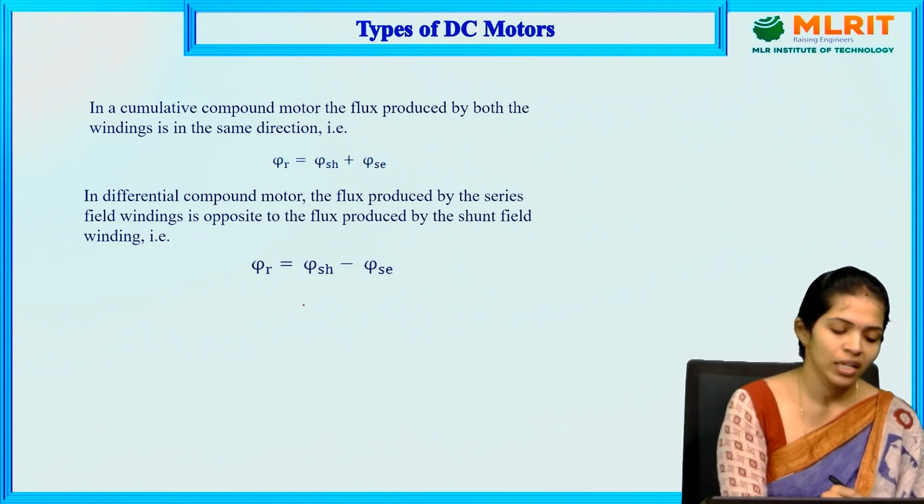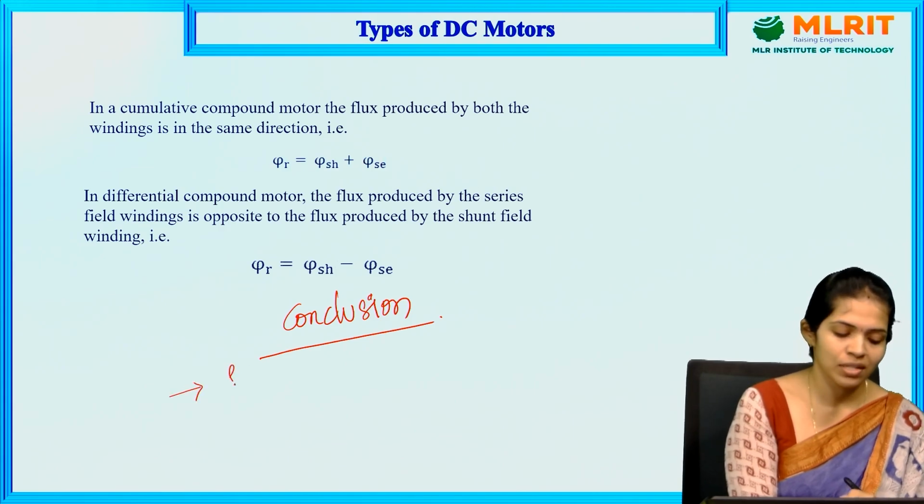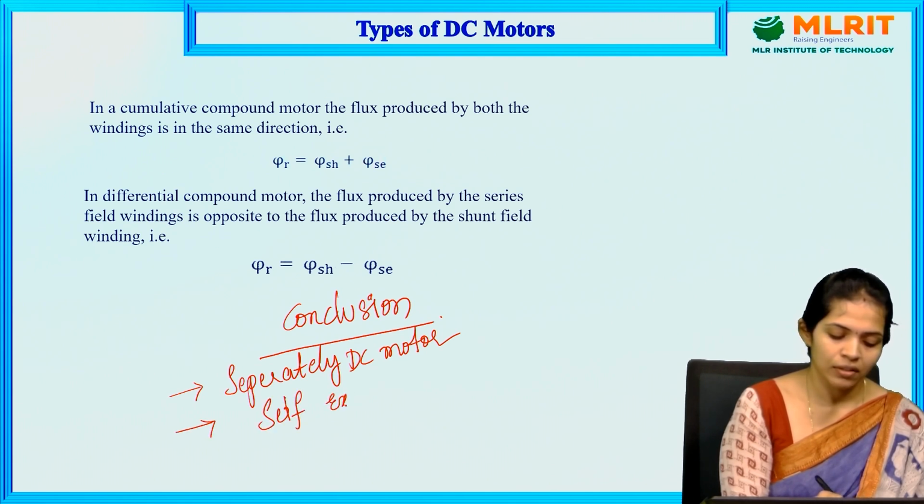So, the conclusion of today's class. We have basically discussed all the different classifications of DC motors. First, we discussed the separately excited DC motor, then the self-excited DC motors.